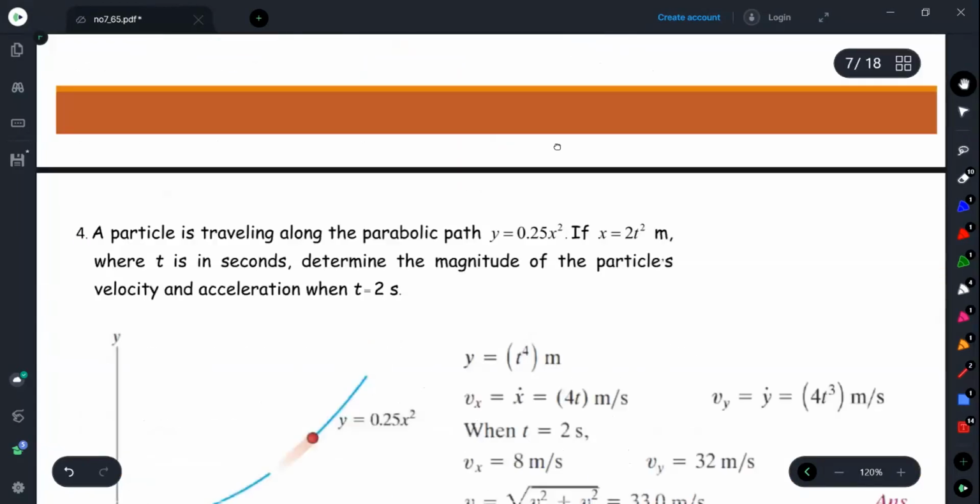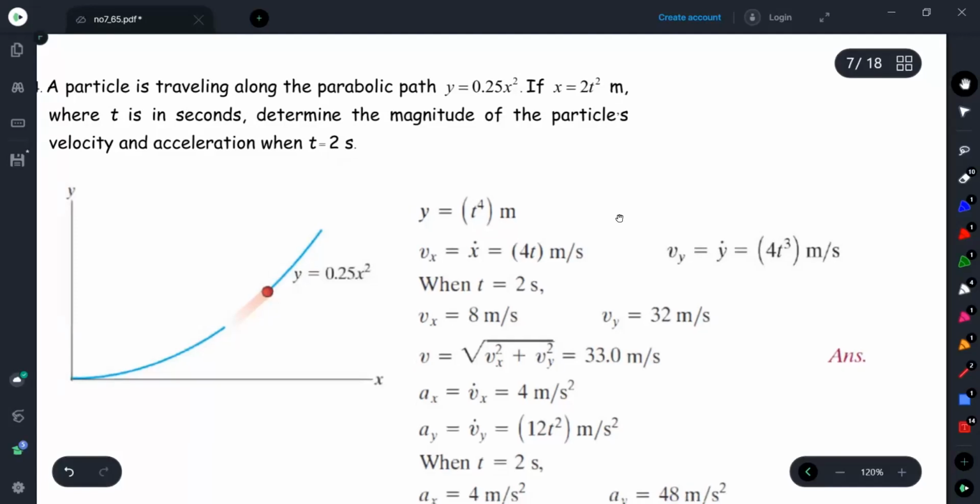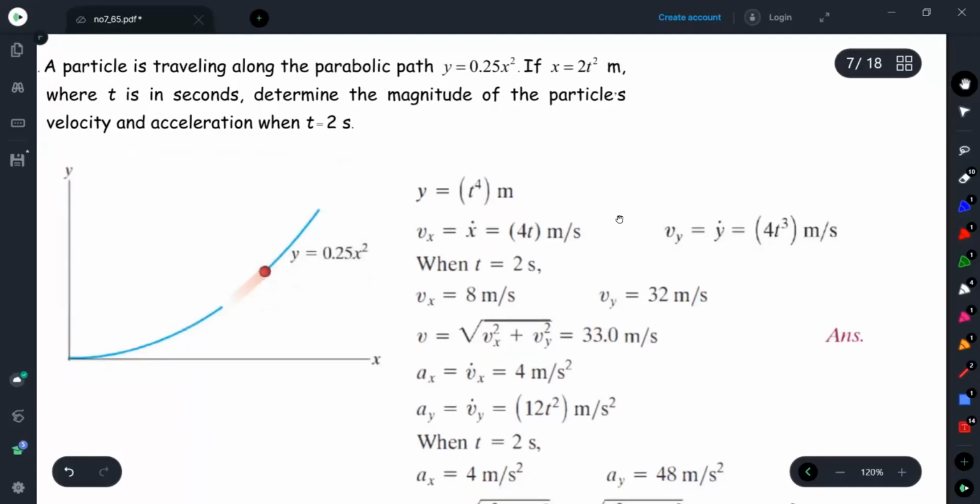For this case, we may find the velocity and acceleration of this particle moving along this path by directly differentiating each term.